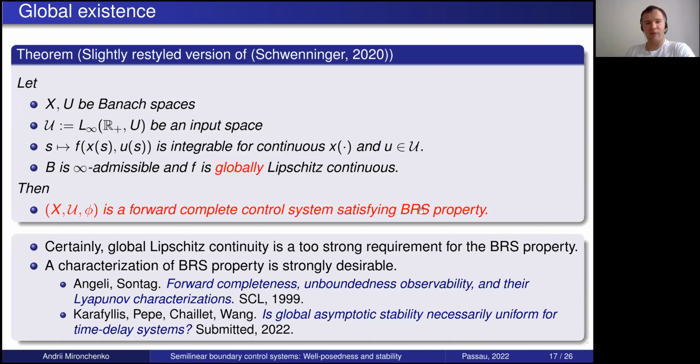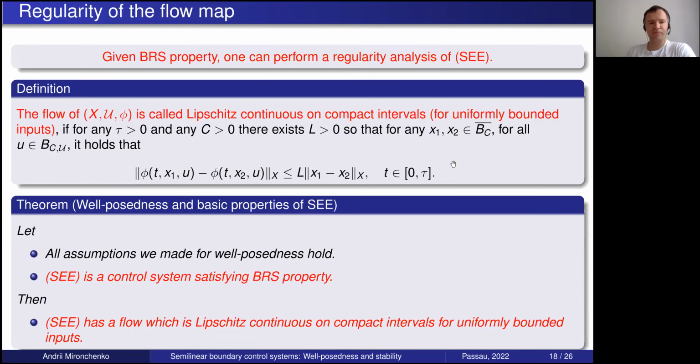The question whether forward completeness is equivalent to boundedness of reachability sets is essential in order to answer whether global asymptotic stability is equivalent to uniform global asymptotic stability. So characterization of this property is an important open problem, and this is just a sufficient condition. But if we have boundedness of reachability sets, it helps us a lot.